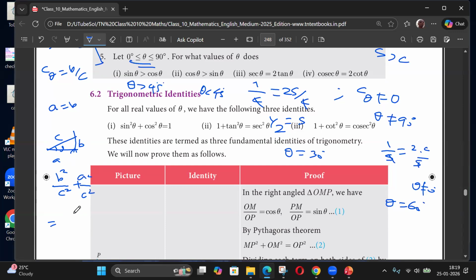So the sum of these two is a square plus b square by c square, and this is 1. By which theorem? By Pythagoras theorem. Very well said. So from here you can get this one.